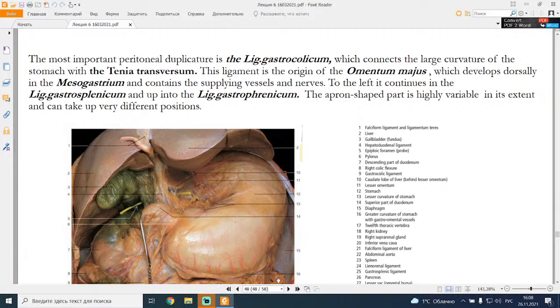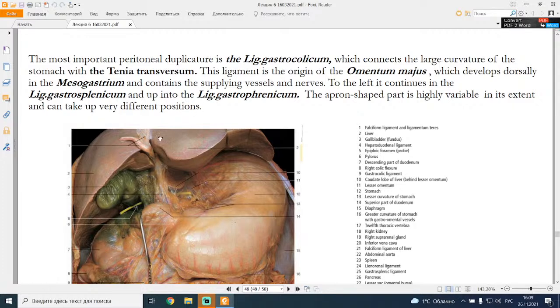This ligament is the origin of the omentum majus, which develops dorsally in the mesogastrium and contains the supply vessels and nerves. To the left it continues in the ligamentum gastrosplenicum.